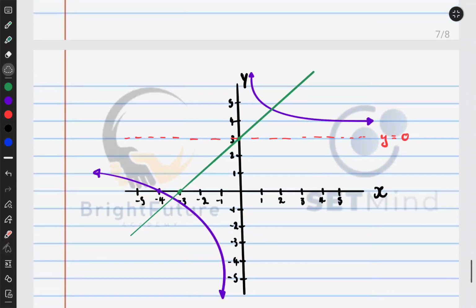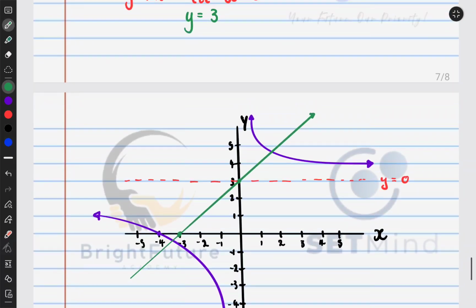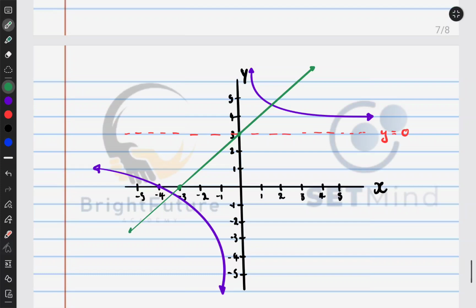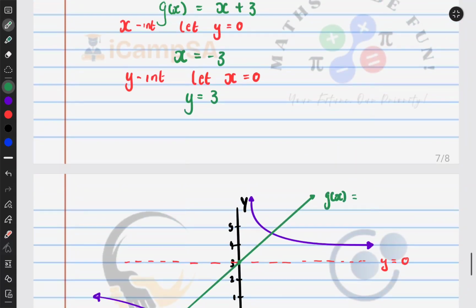And that then becomes the function g. This one we call g of x is equal to x plus 3.